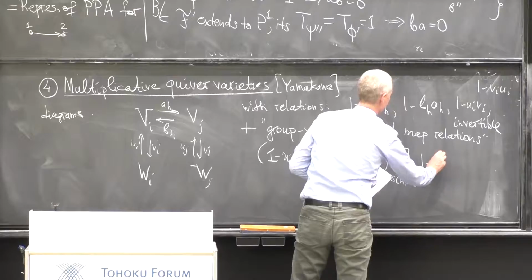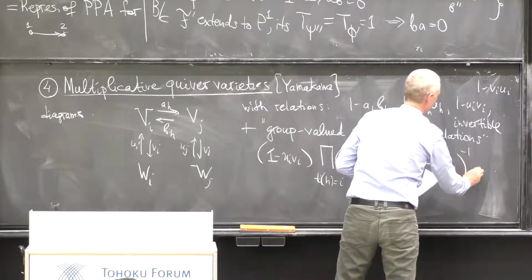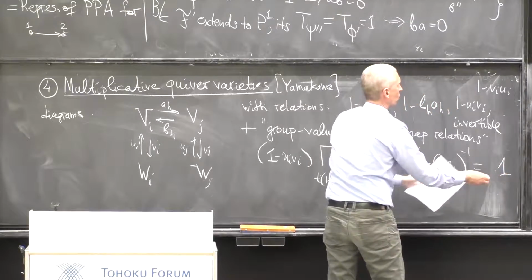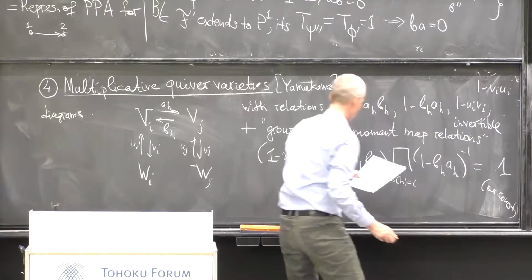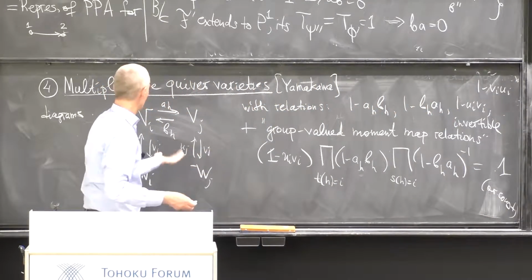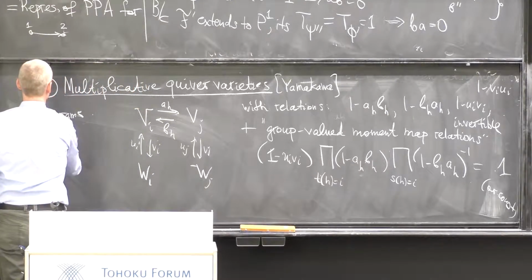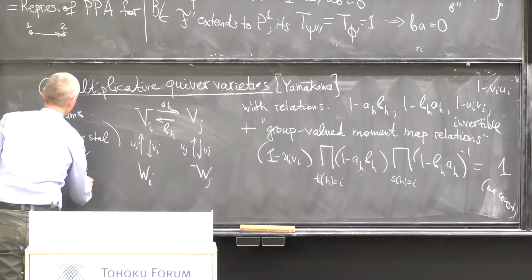I, 1 minus BH, minus 1 equals 1 or some constants. Again, this is considered plus some stability condition in modular GLV. So plus some stability.